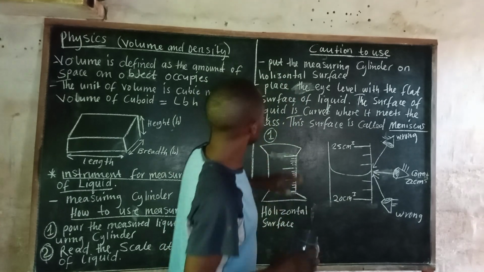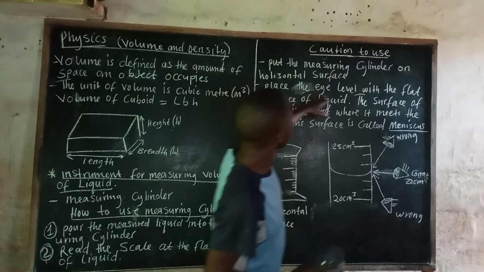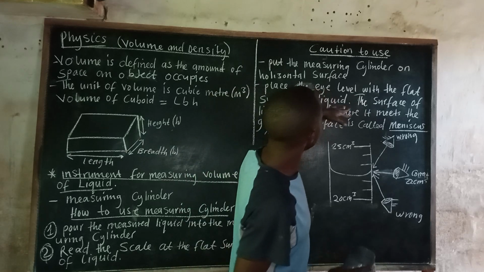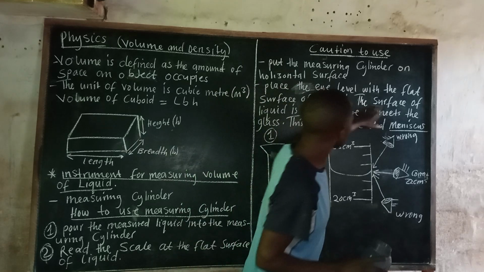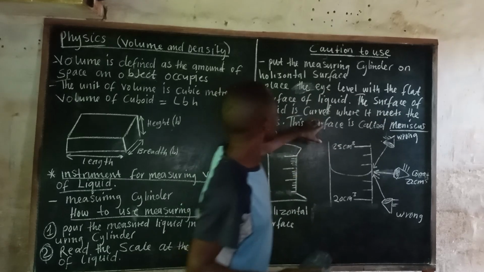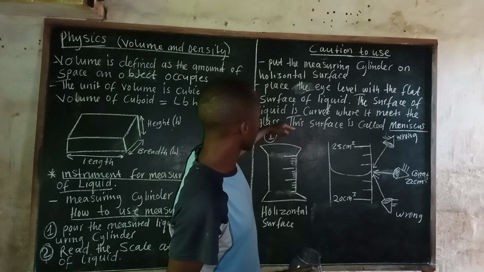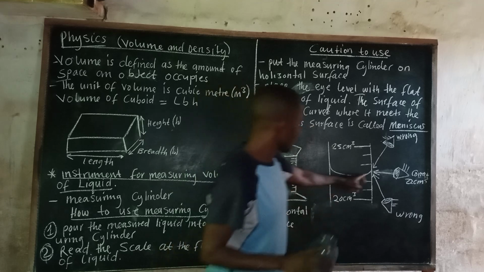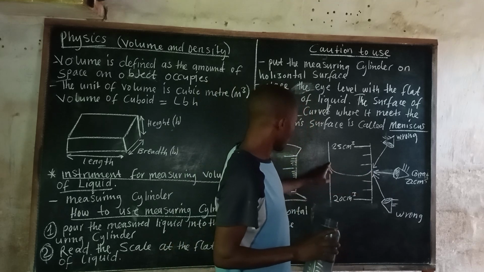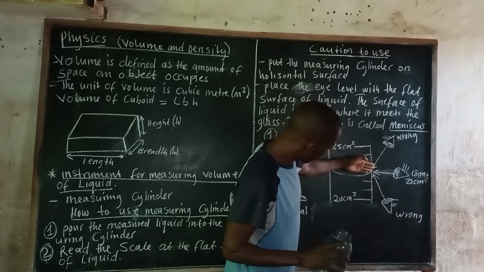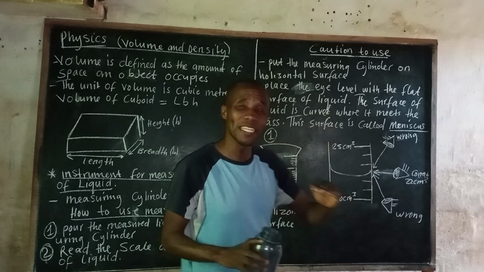Then we are saying the eye level with the flat surface of liquid. The surface of liquid is curved where it meets the glass. This surface is called the meniscus. The way it has curved, you have seen. Just the surface which is curved is called the meniscus.